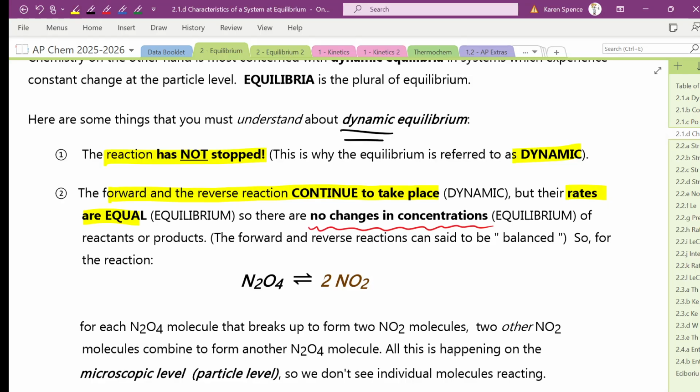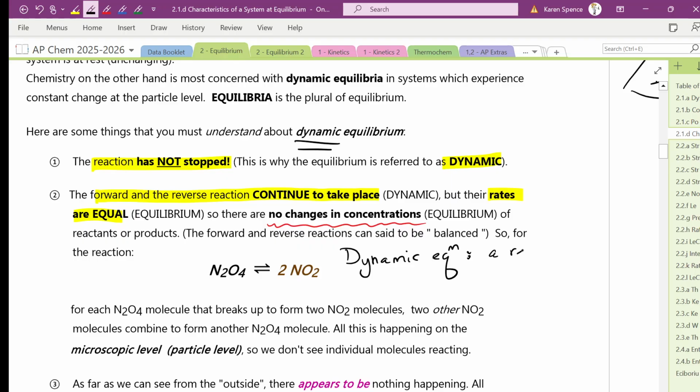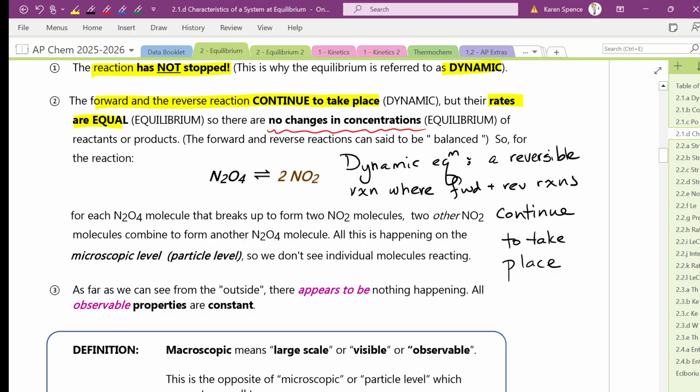Dynamic equilibrium is a reversible reaction where forward and reverse reactions continue to take place, so changes occur on a microscopic level.